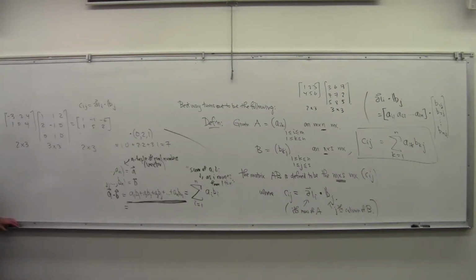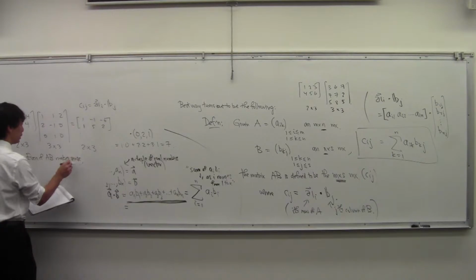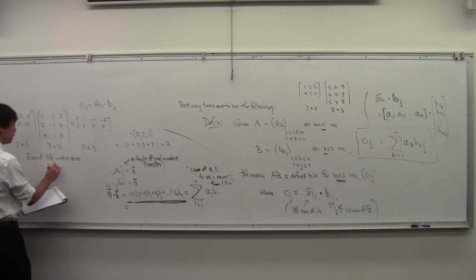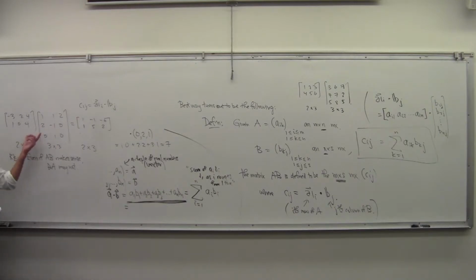And as Lizzie noted before, even if AB makes sense, BA may not. So you could multiply one way, but if you switch them, it doesn't make any sense to multiply. And it's even worse than that.